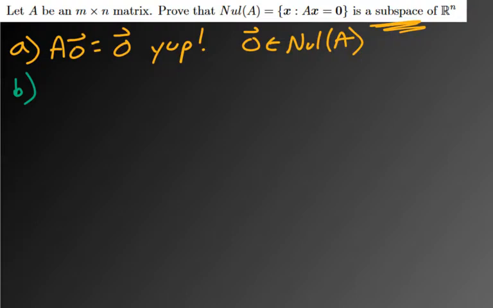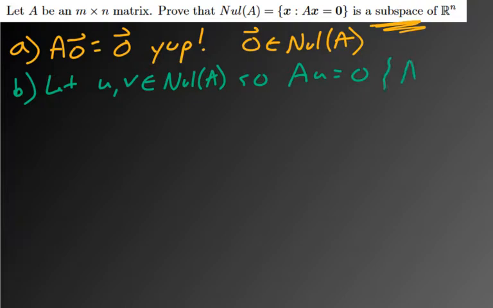Another property is that we're going to let U and V be in the null space of A. So basically AU equals 0 and AV equals 0. And another property of a subspace is the closure with addition property.